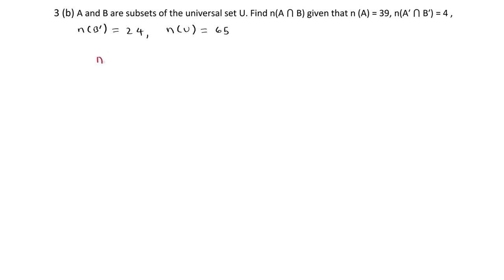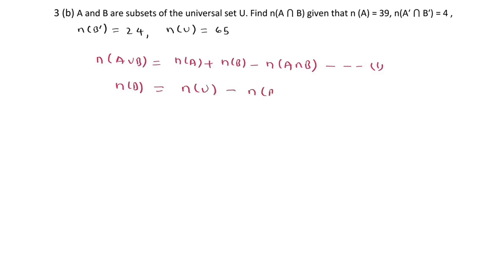We know that the number of A union B equals the number of A plus the number of B minus the number of A intersection B. Let us call this equation number 1. From this, the number of B equals the number of U minus the number of B complement.